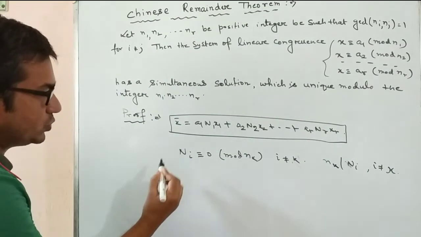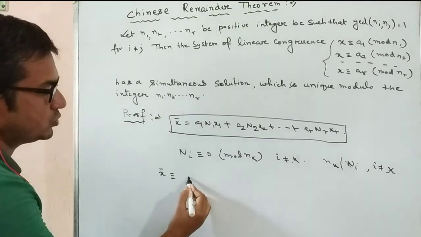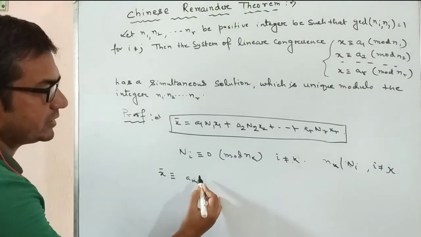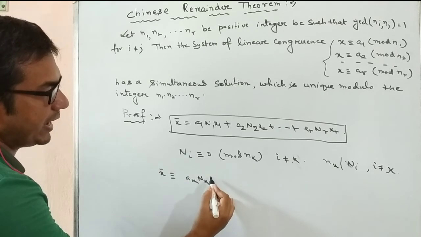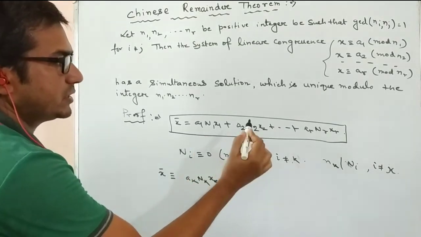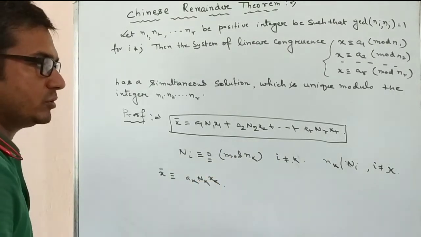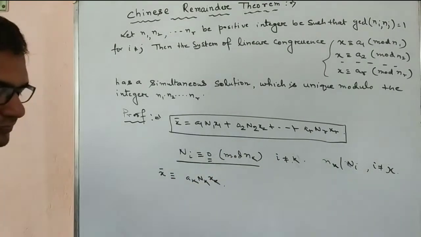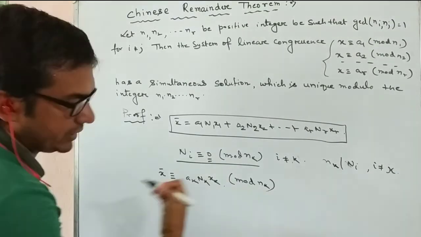That is, we get x bar congruent to a_k N_k x_k, and all the other terms other than a_k N_k x_k are congruent to 0, because for this argument mod, obviously mod n_k.